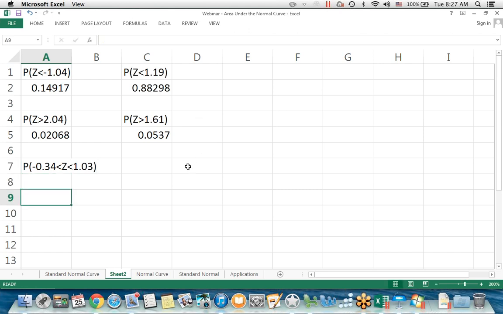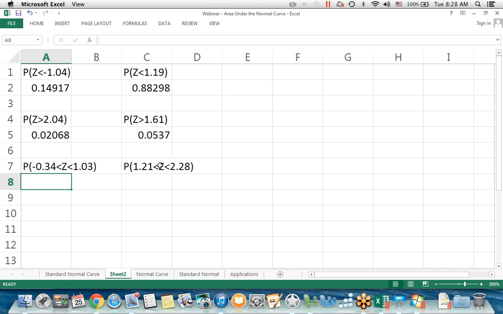While we're at it, why don't we also write down the probability for number 7 of being between 1.21 and 2.28. Now for number 7, this is actually number 5.